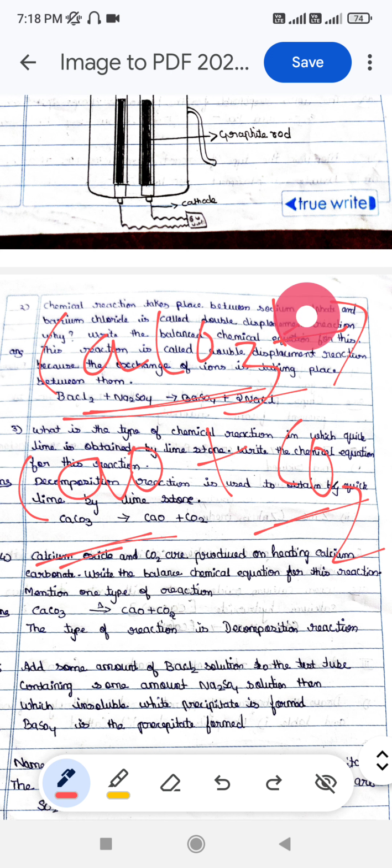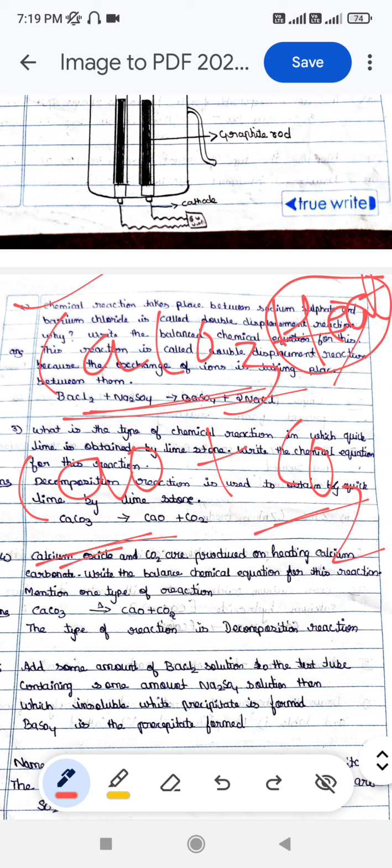Again this involves heating, so it is also called a thermal decomposition reaction. It is also called an endothermic reaction, the reaction in which heat is absorbed.